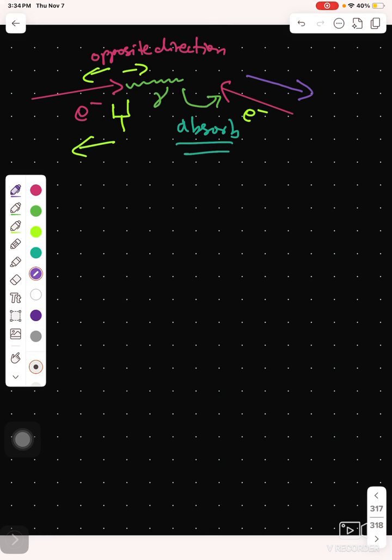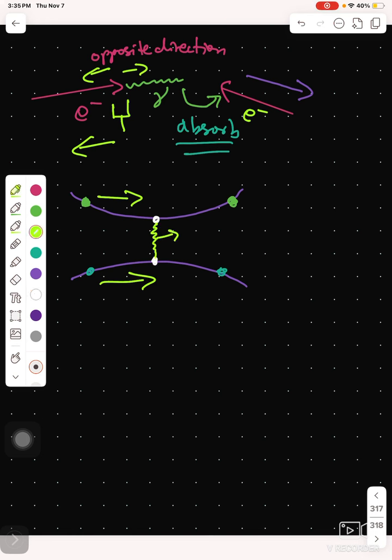So let's suppose we have two particles which go in this direction, one from here till here, second from here till here, and they both are moving. The moment these two reach this point, a photon is exchanged, not an electron, and that causes this electron to move in this direction and this electron to move in this direction.